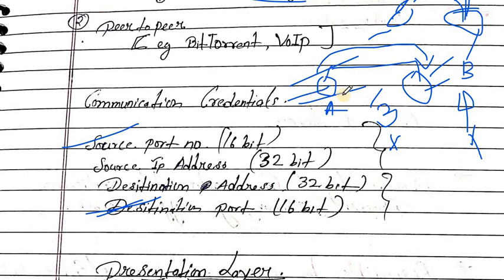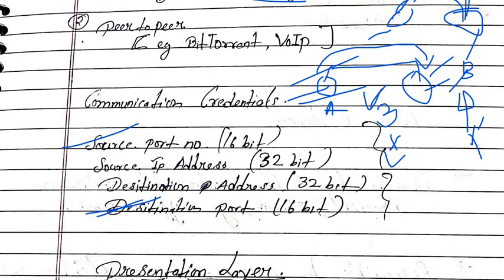Process A has port number 3 and its source IP address X. You want to communicate with process B having port number 4 and IP address X. When the network communication is sent to the higher layer, the transport layer, it will check the credentials.